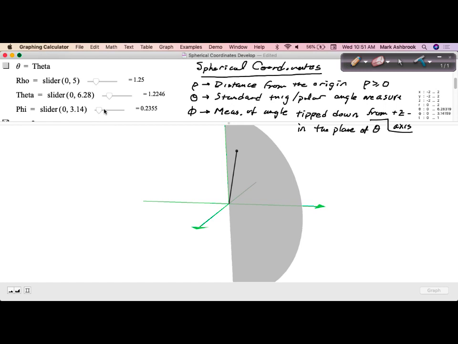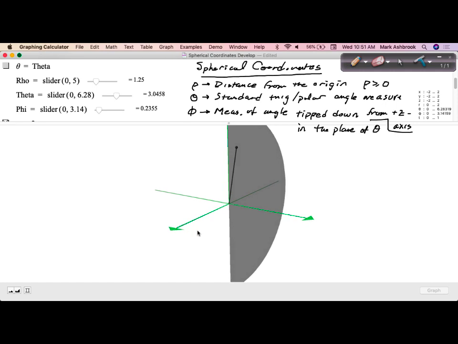So if theta was pi, back there in the back like that, then phi would tip down in that plane. Whatever the plane of theta is, you tip down. It's the angle measure, like this right here.